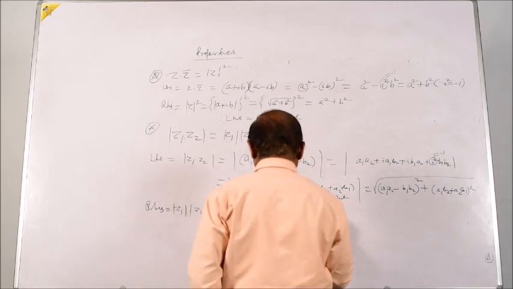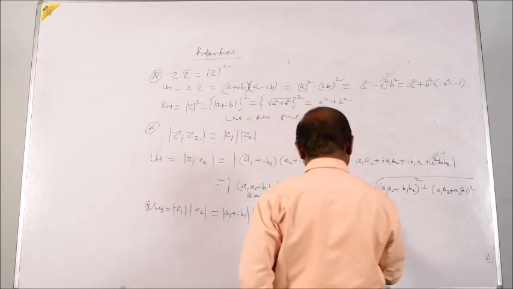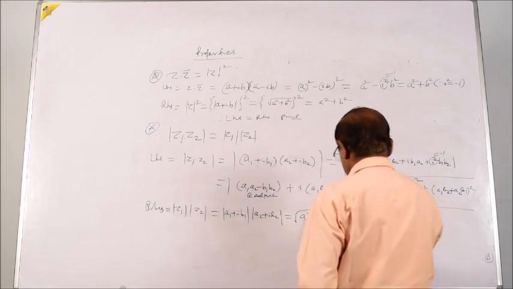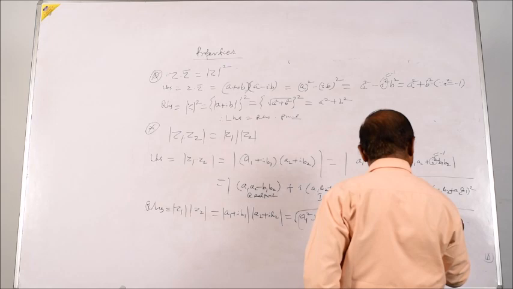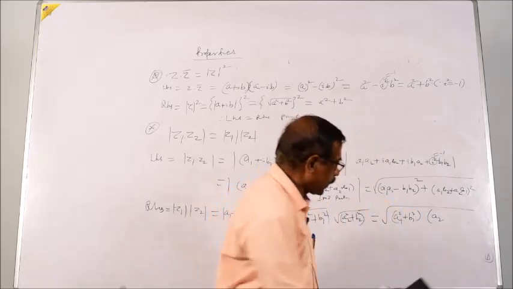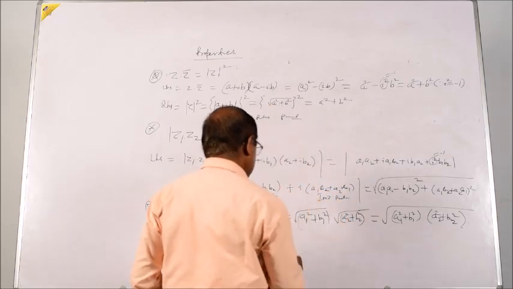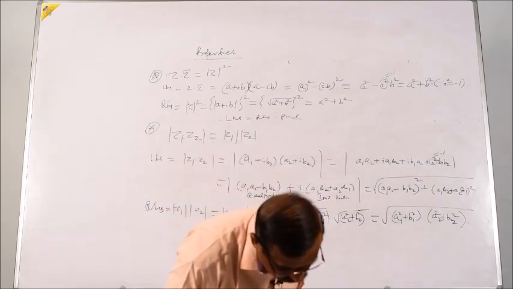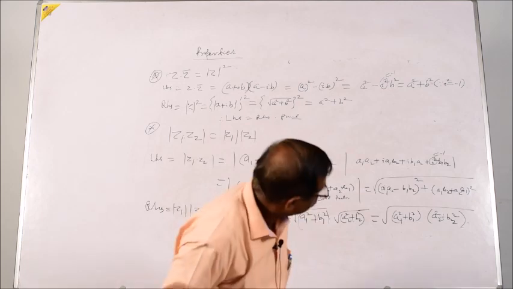What is that? Square root of a1 square plus b1 square, into square root of a2 square plus b2 square.